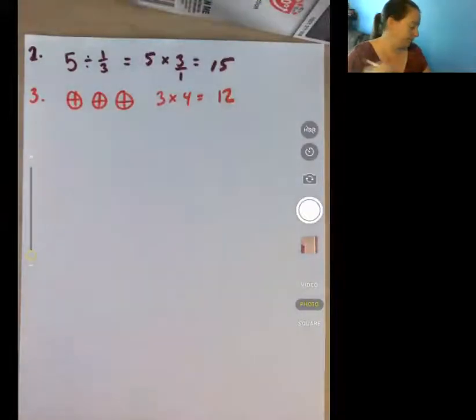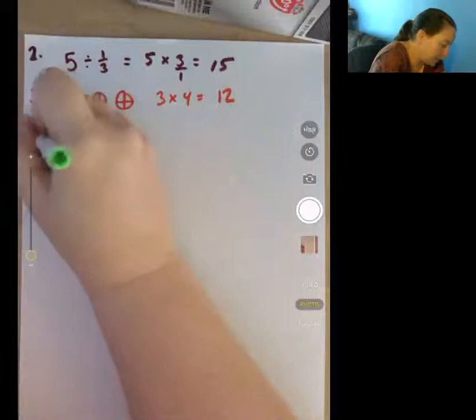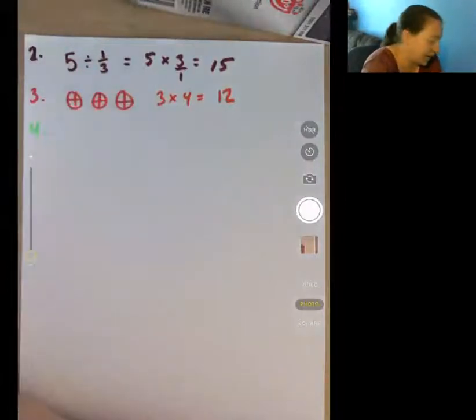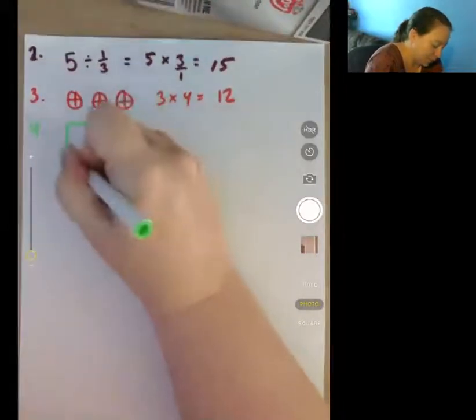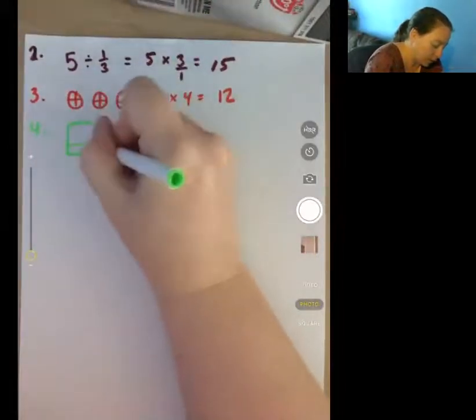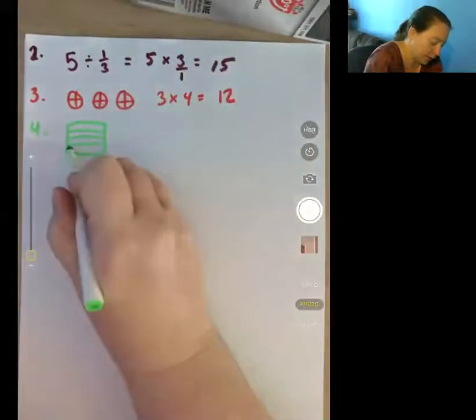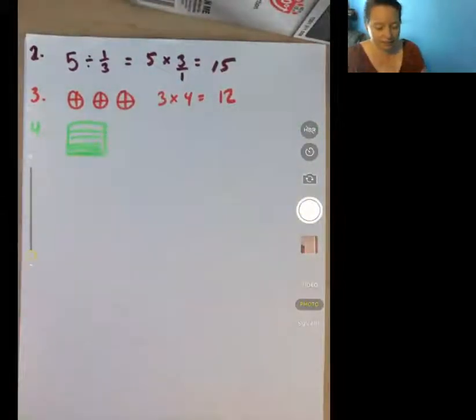Number 4. 2 friends share 1/4 of a gallon of lemonade equally. What fraction of the gallon of lemonade does each friend get? So first off, we have 1, 2, 3. We have 1/4 of a gallon of lemonade.